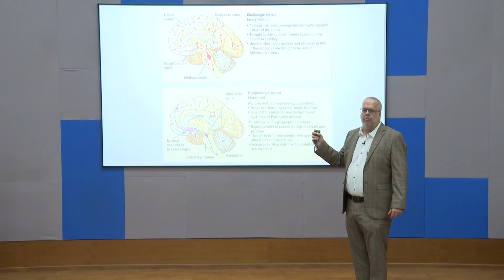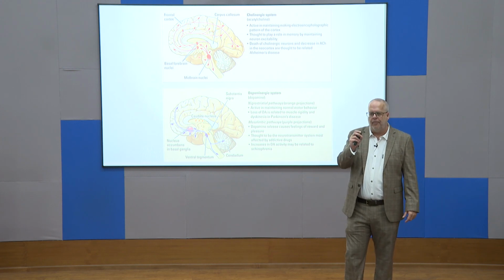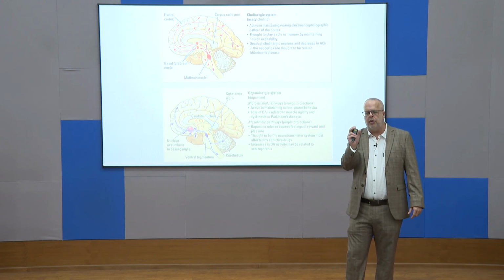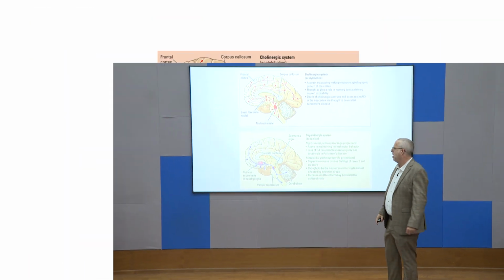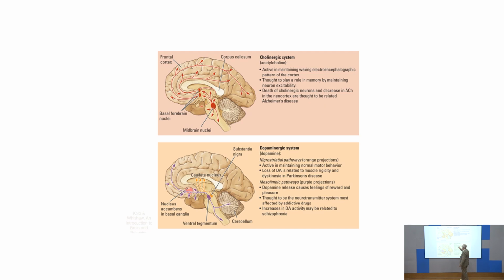Now, interestingly, when we actually look in the brain, what we find is that the cell bodies, the neuronal bodies, are localized to particular locations within the brain. You can see that here for dopamine neurons in purple, and above you can see that for acetylcholine neurons in the big red circle. So this is where the cell bodies live. But those neurons have axons that can then be projected to various other areas within the brain itself.